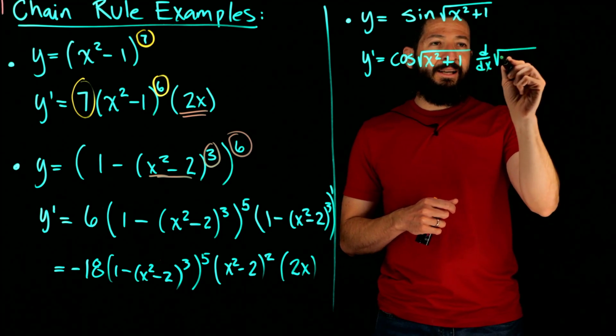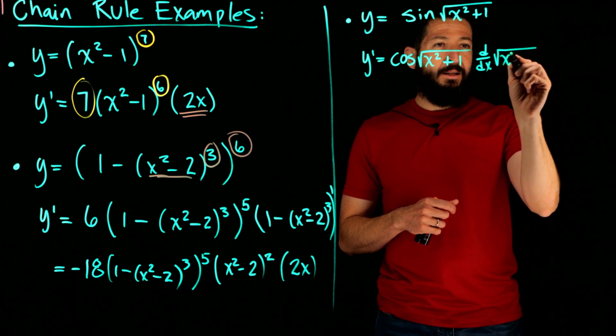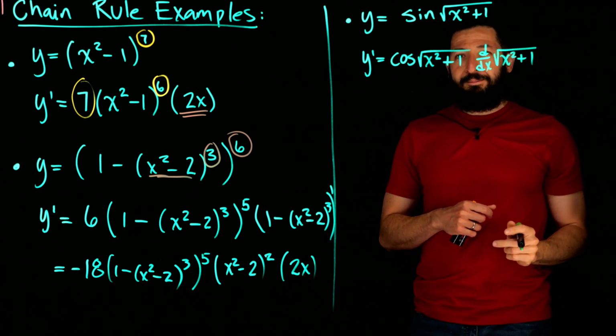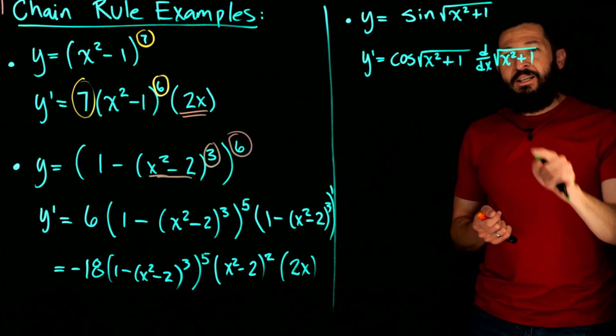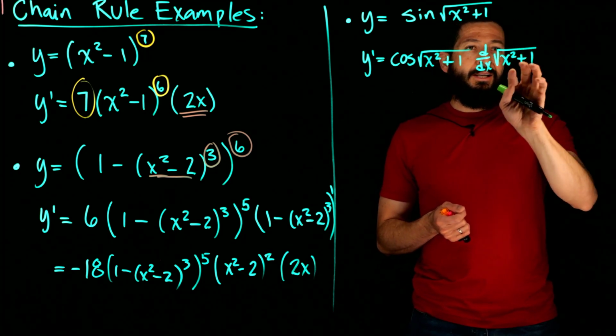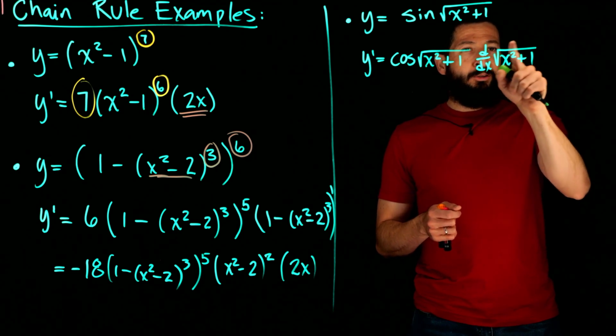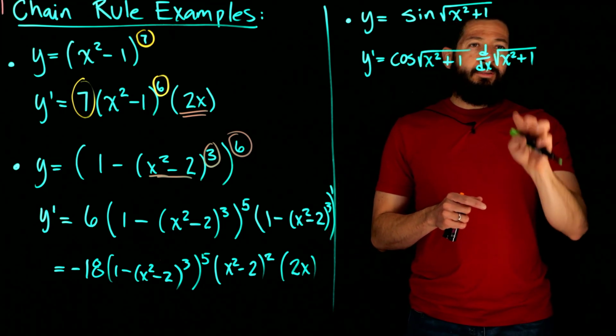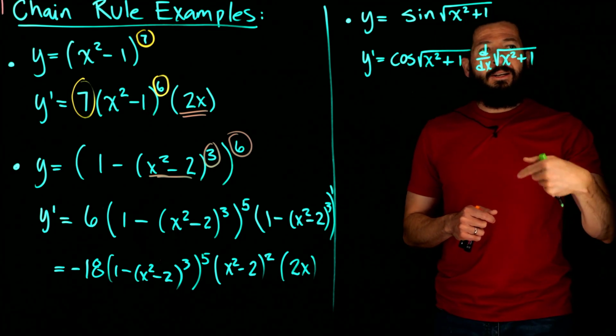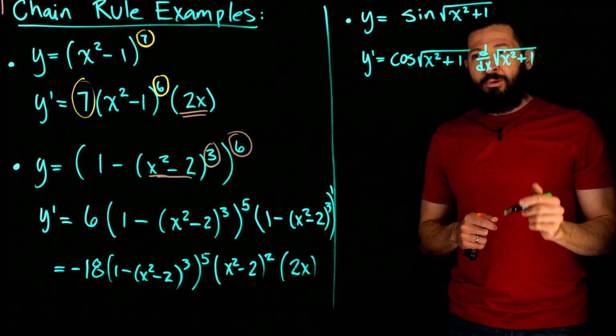So I'm going to leave it indicated so that we can compute this separately. Why did I do that? Because now I have a square root that is composed with an x squared. But you have two functions, so you're going to need yet another chain rule to compute that.